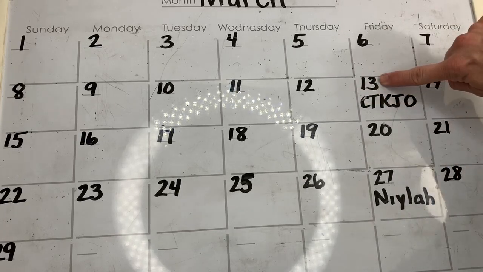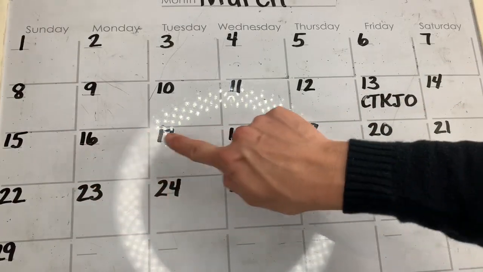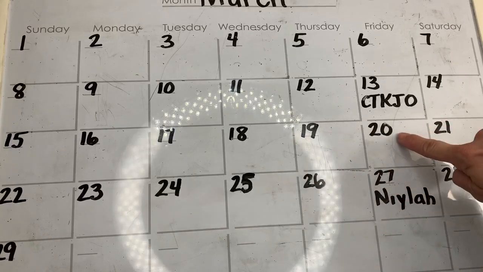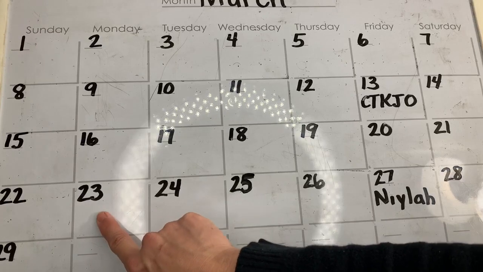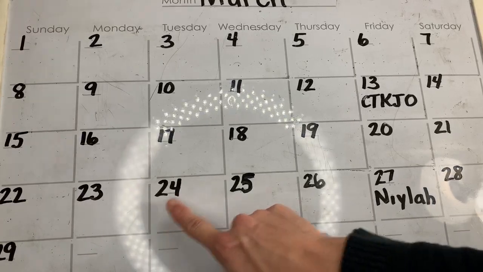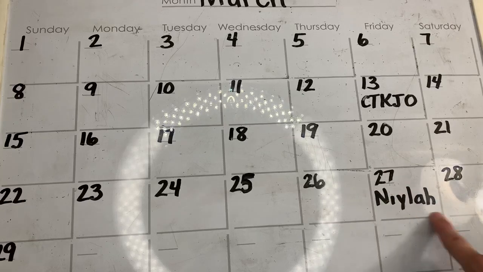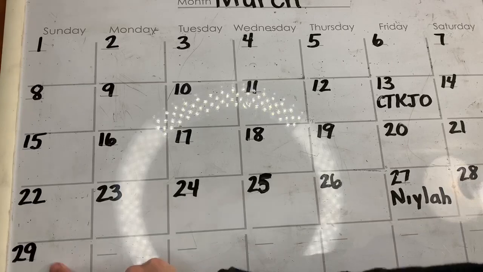Here we go. 13, 14, 15, 16, 17, 18, 19, 20, 21, 22, 23, 24, 25, 26, 27 was Nyla's birthday. Happy birthday, Nyla. 28, 29.